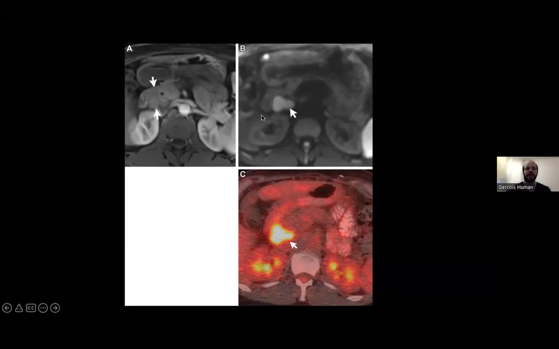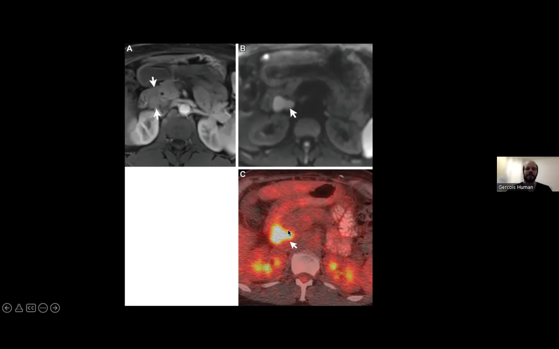This is a DWI image that usually nicely shows tissues with dense cells, either with malignancy or lymphadenopathy. And this shows this lobulated mass in the pancreaticoduodenal groove.